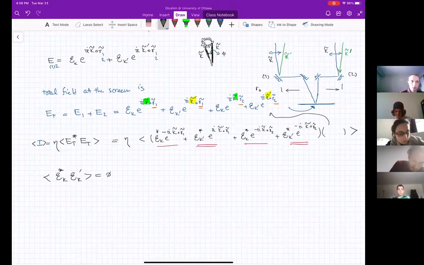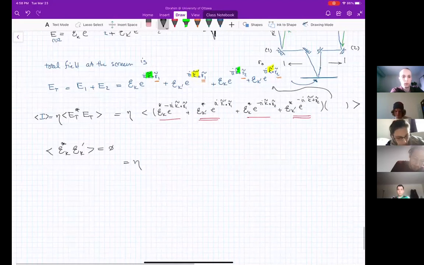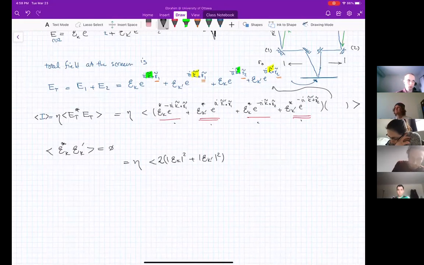Good. So if we do the mathematics, which we can do, essentially what we will get is eta. From this term, this term, this term, and this term, we will get four identical terms, which look like the modulus squared of E_K plus the modulus squared of E_K prime, with a coefficient of 2, because one we have from the first term contribution, the other one from the third one, and then the second and fourth term contributions. And then what else do I have?